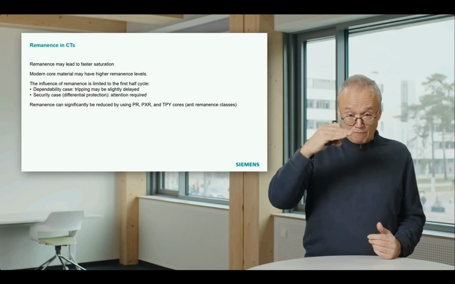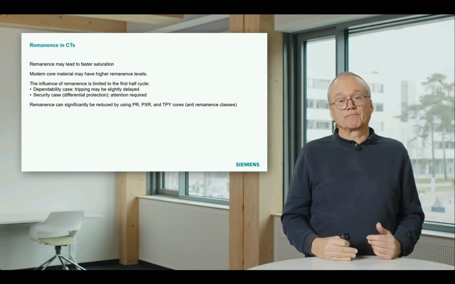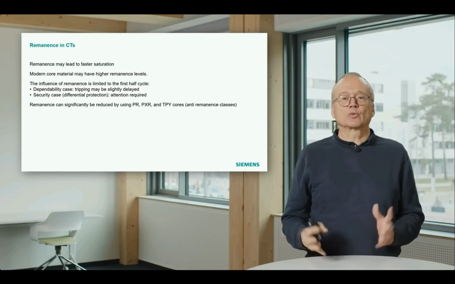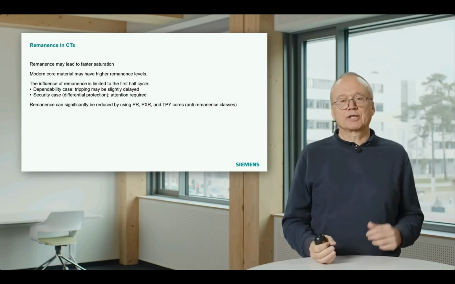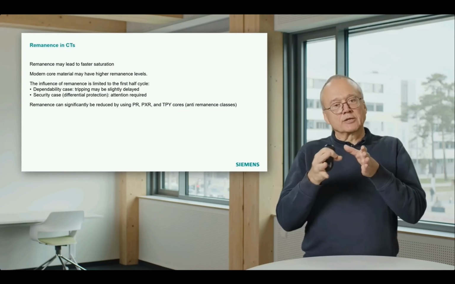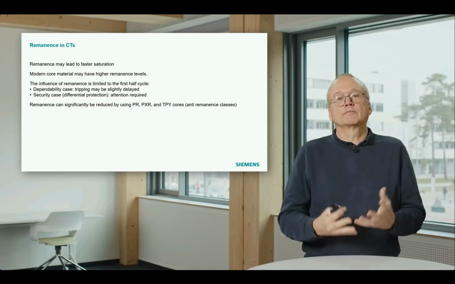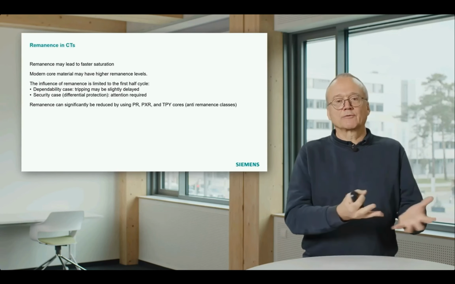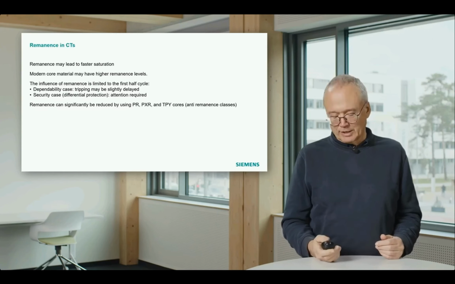That means you go very quickly into saturation. And these cores have remanence levels which are, I don't know, around 10% or even lower. If you have the possibility to choose such a core, of course that's only possible if you are building a new substation, if you don't have to adapt to existing current transformers.